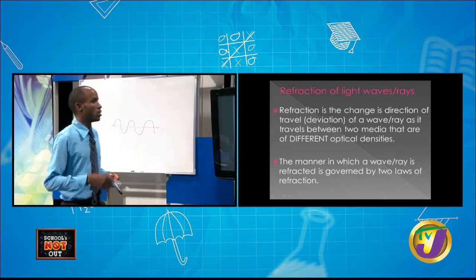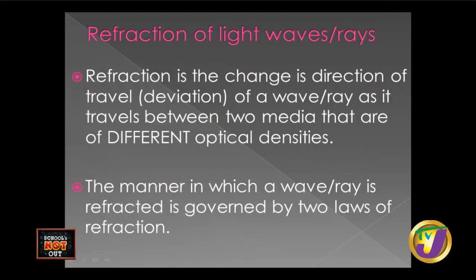Refraction is this. It is the change in direction of travel, fancy word deviation, of a wave or ray as it travels between two media that are of different optical densities. Optical densities are basically, the medium allows light to pass through it, but some just fight it. If you consider air, there's not much opposition to light passing through air.